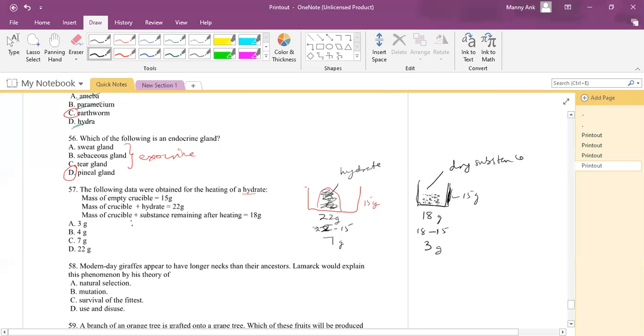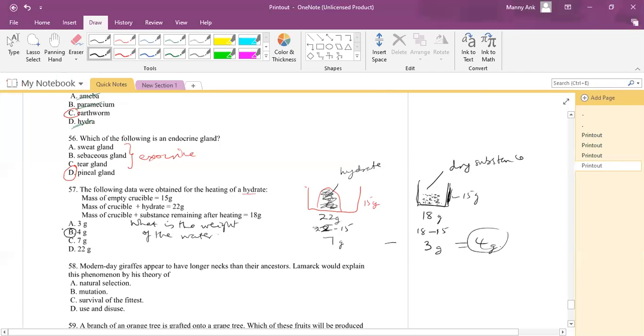That's what we want to find here. So the weight of water is 7 minus 3, and that is 4 grams. So it should be B.